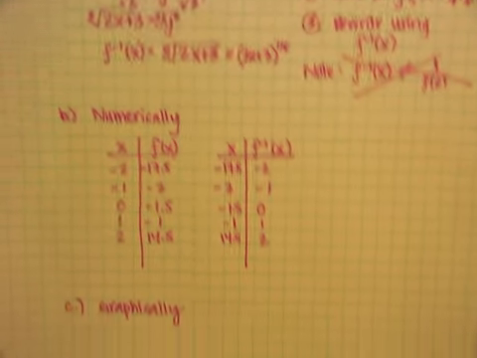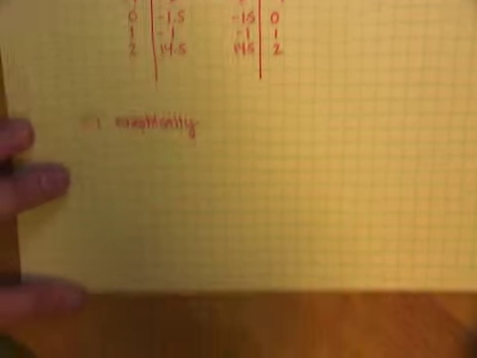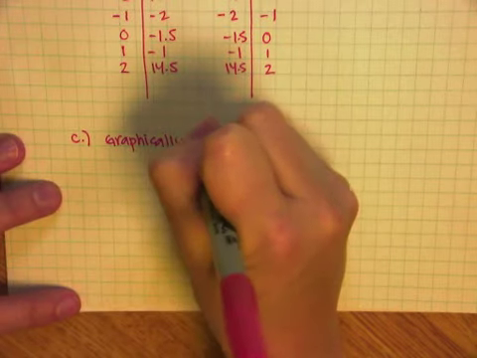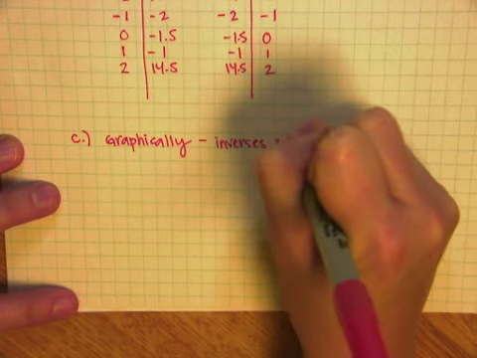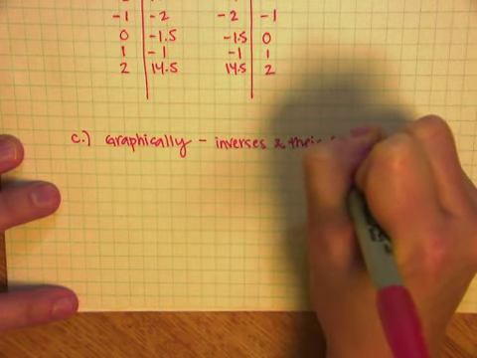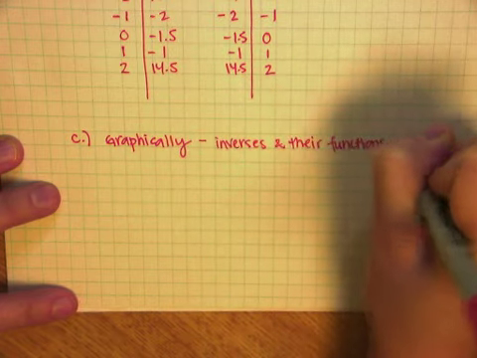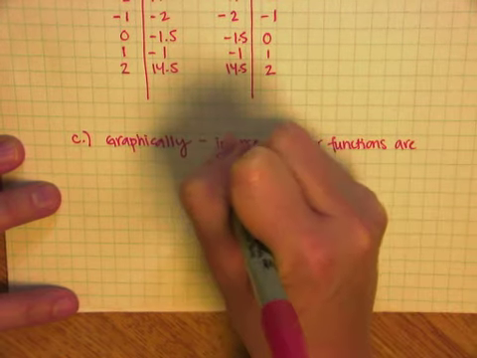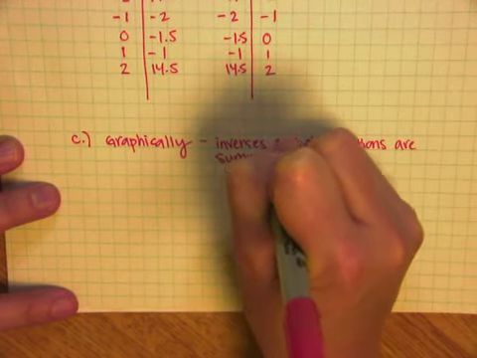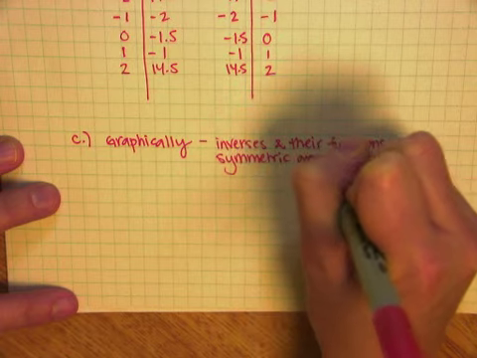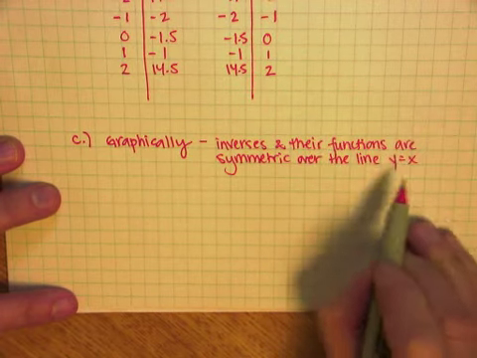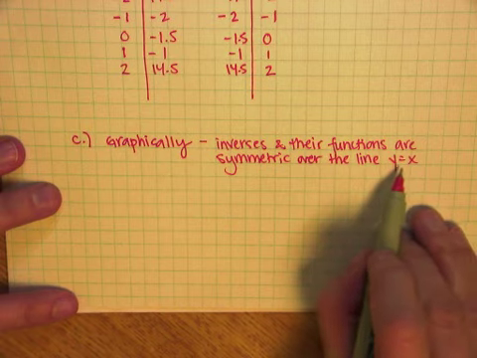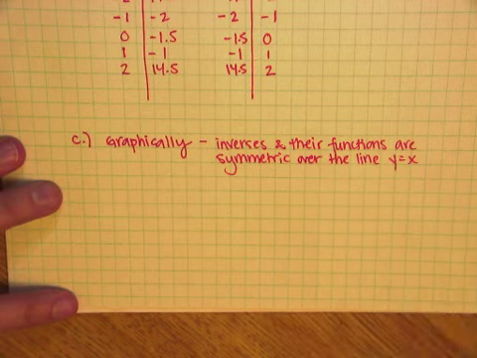Okay. And then last but not least, we could also find an inverse graphically. Now, inverses and their functions are symmetric over the line y equals x, because this is the only line where, when I switch my x and y points, I get the same value.